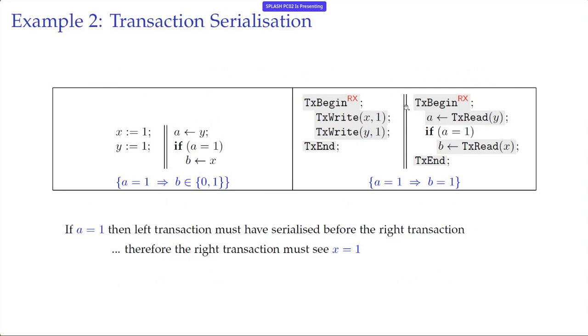Even if the transactions themselves are relaxed, we're guaranteed some kind of serialization between this transaction and this transaction. So what we're saying is that in our specification, even though these things are relaxed, we're guaranteed that if this thread reads from that, then this read returns 1.